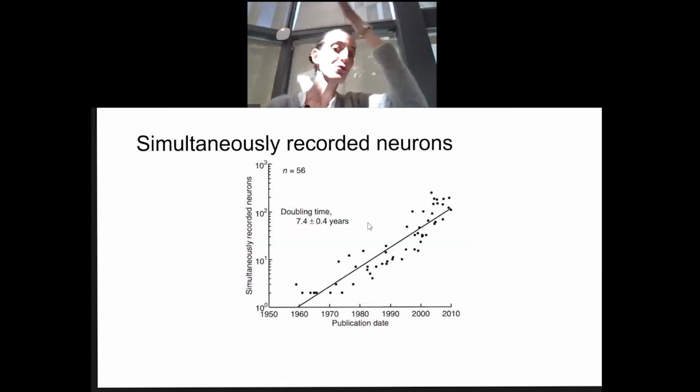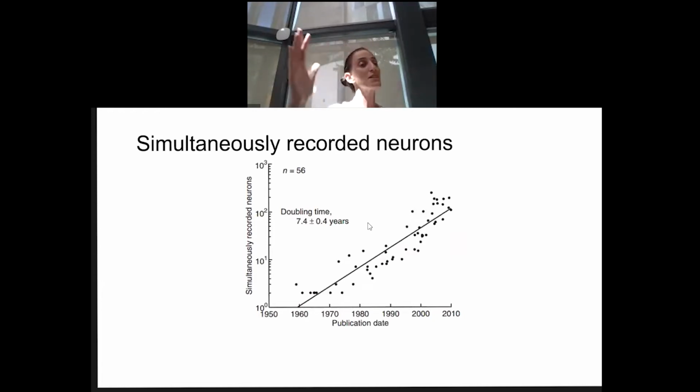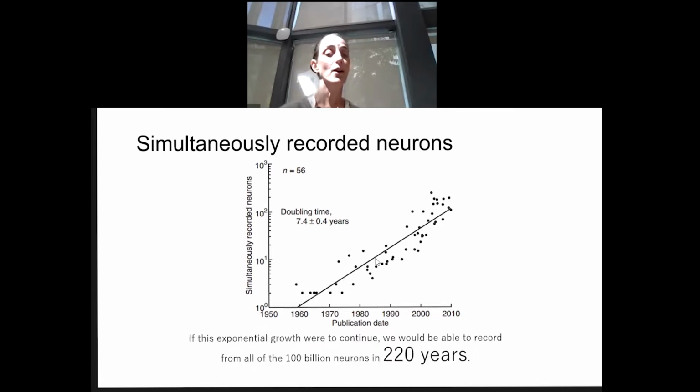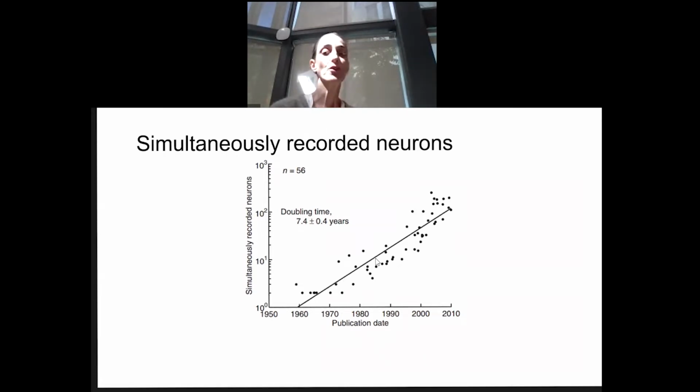Okay, so if we look at the history of simultaneously recorded neurons, if we started in the 60s, we were recording from one, perhaps a pair of neurons. And then we started slowly ramping up the number of neurons recorded simultaneously over time. It turns out that we have a doubling effect every 7 years, okay?